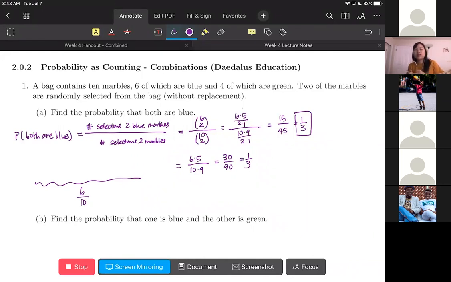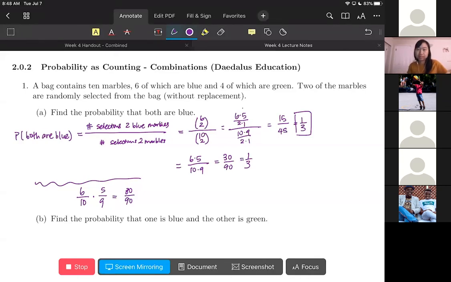And then the probability that the second marble we choose would match that would be 5 over 9, because there's 5 marbles left that are blue and 9 marbles left that we're choosing. So this is also the same. It gives us 30 over 90. So all of that is to say, we could count this in different ways, but the answer is always going to be the same. It's 1/3.